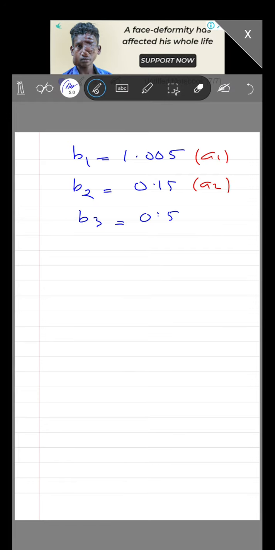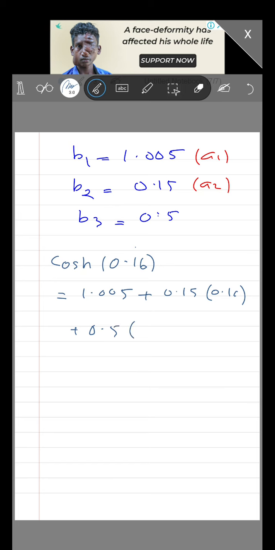So again, if we use these values, we get the value of cos h(0.16) as equal to b1, that is 1.005, plus b2, that is 0.15, into the value of x, that is 0.16, and lastly b3, that is 0.5, into (x minus x1), that is (0.16 minus 0.1) into (0.16 minus 0.2).